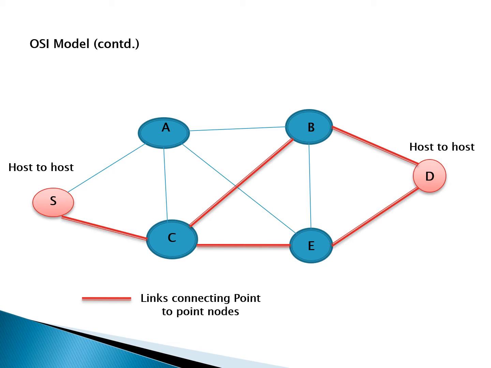Sender S is sending data to destination D. Here, the upper 4 layers of the OSI model exist only at sender S and destination D. These layers do not exist at intermediate nodes A, B, C and E. The lower 3 layers exist at all the intermediate nodes as well. In this diagram, the red line identifies all the point-to-point nodes.